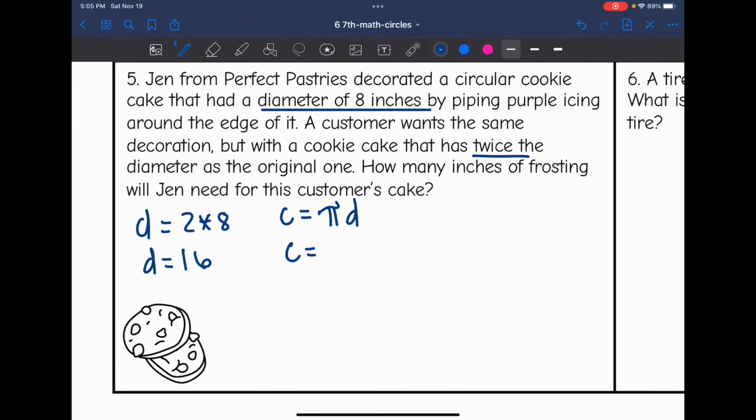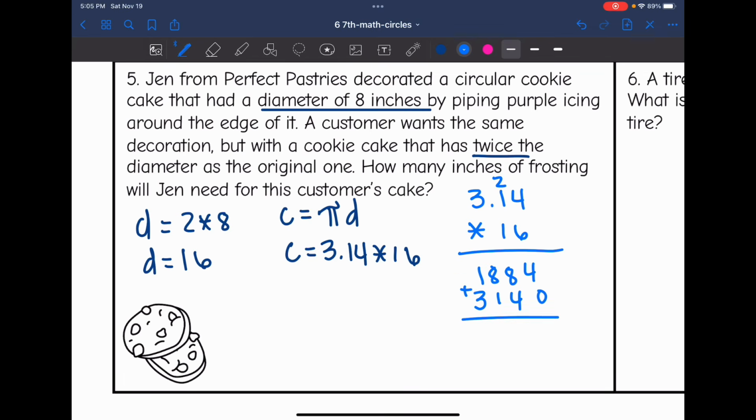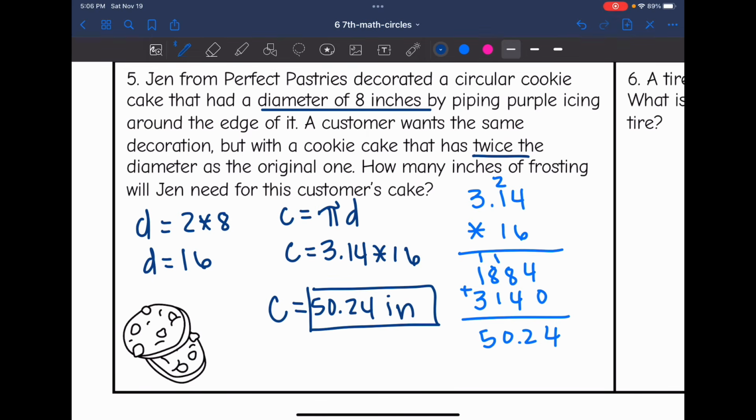So I will do 3.14 times 16. Circumference of this new cake will be 50.24 inches, which is how much Jen will need to pipe with icing.